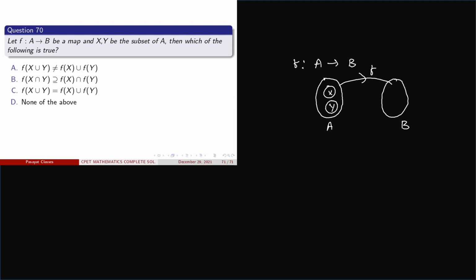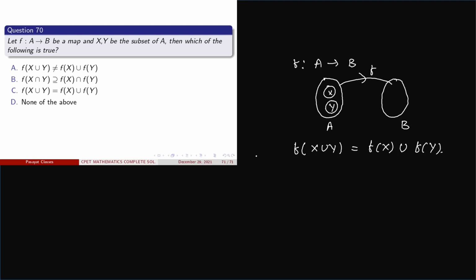Here we know that f of x union y is equal to f of x union f of y. This is true because the option f of x union y can be written as f of x union f of y.